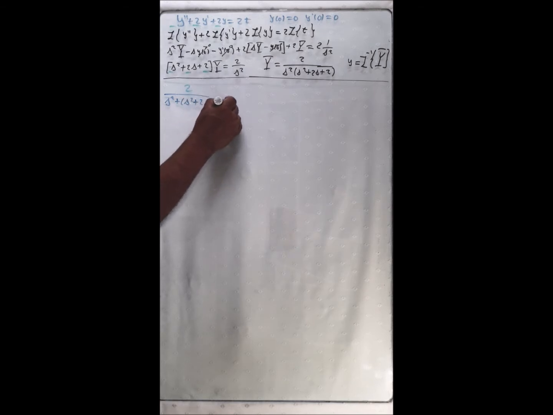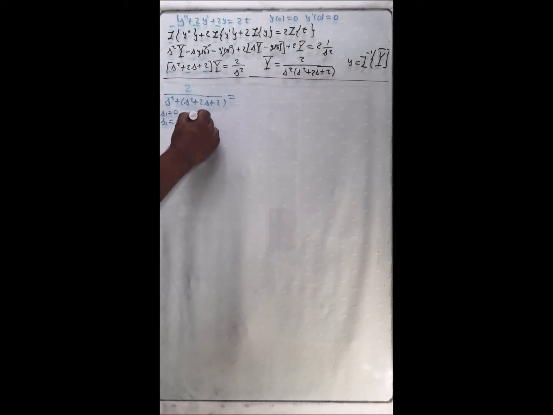So it's going to be 2 over s squared times s squared plus 2s plus 2, and the partial fraction will be something like this. Okay, the first root is equal to 0 and the second root is equal to 0. It is a repeated root because of this s squared. And what about this one?